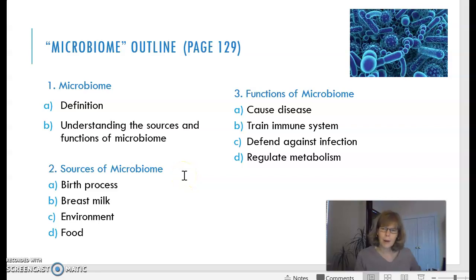In the second paragraph, I see that there are 4 main sources of microbiome in our bodies. And then in the third paragraph, I find 4 main functions of microbiome. So I could capture that same information in an outline that they captured in those 2 graphic organizers.